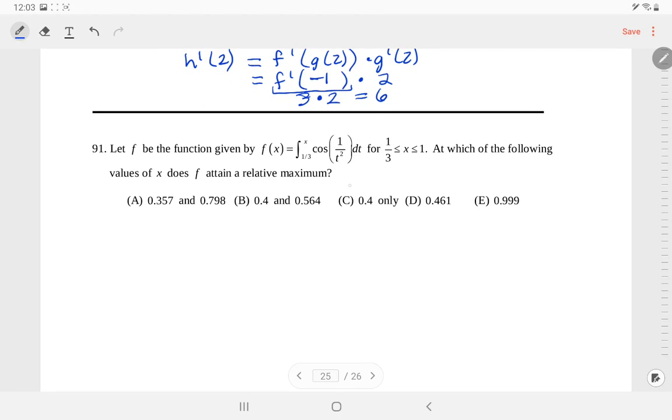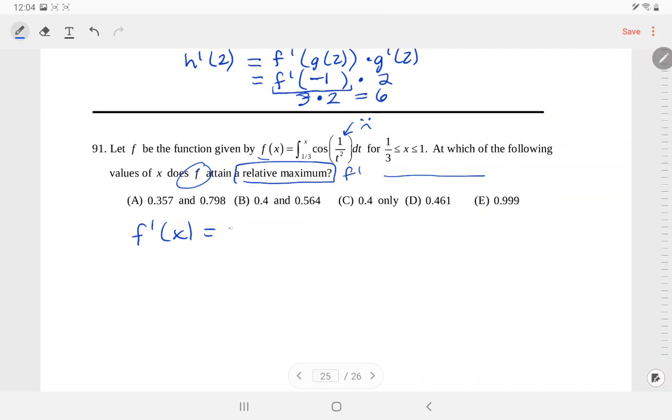Okay, let's see. Ooh, I do not take the integral of that. Yuck. Okay. At which of the following points does it have a relative maximum? F. Oh, and F is an integral. Feels like Leibniz or second fundamental theorem of calculus. You substitute, that's because maximums, right? I need F prime. I want an F prime number line.